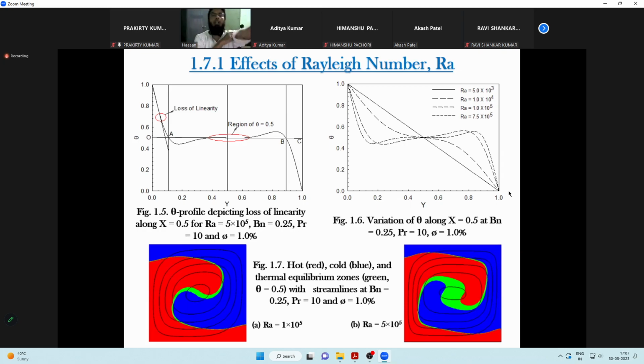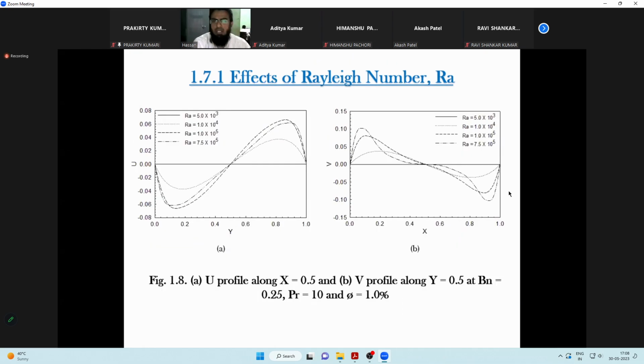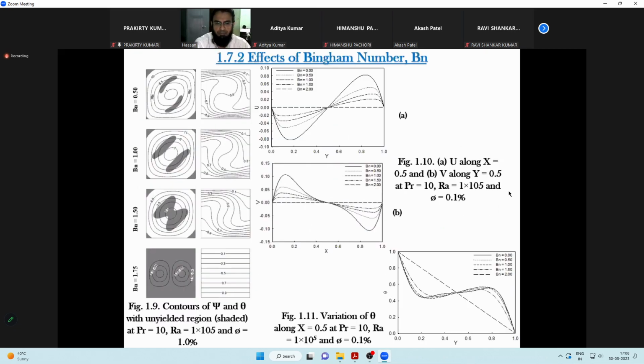I must tell you that this material has been published in the Journal of Heat Transport, the Indian Journal of Chemical Engineering, and the Journal of Non-Newtonian Fluid Mechanics. In 3 SCI journals, these results have been represented.